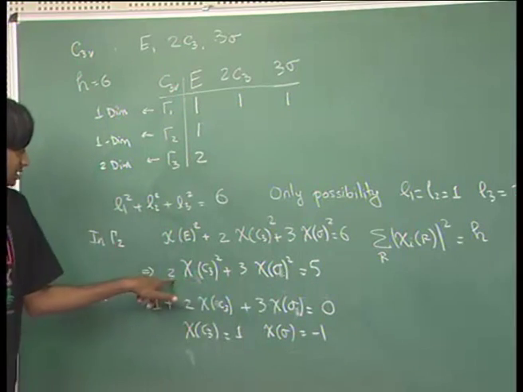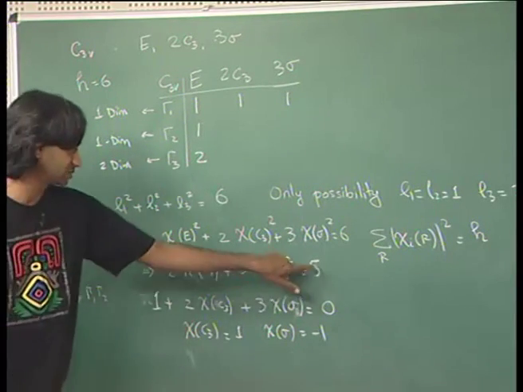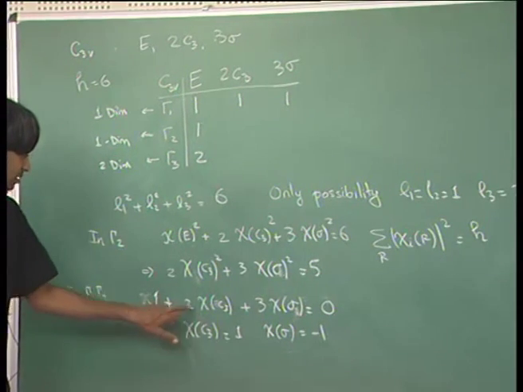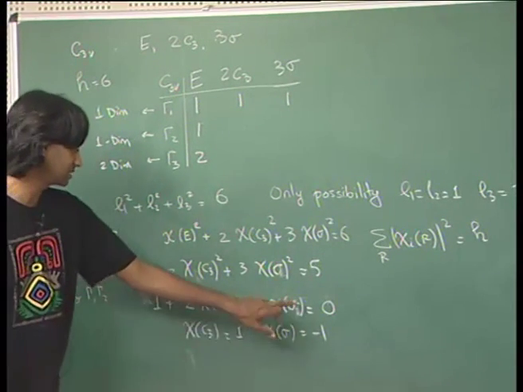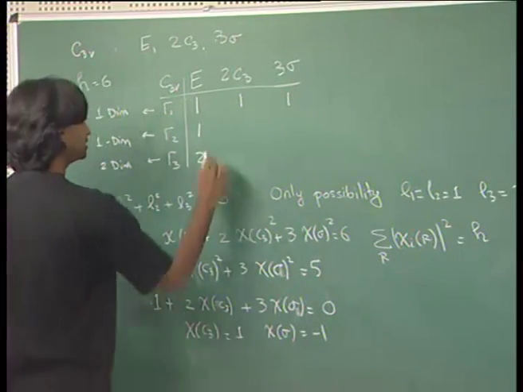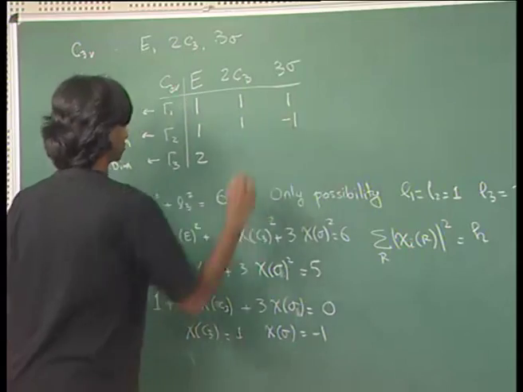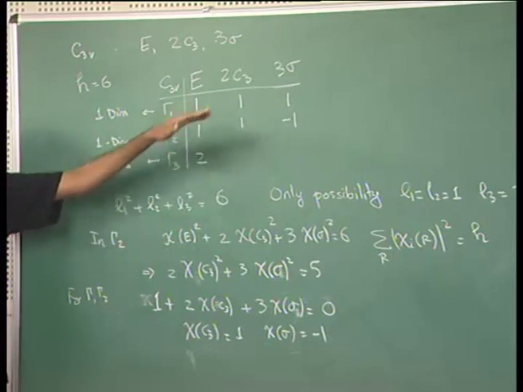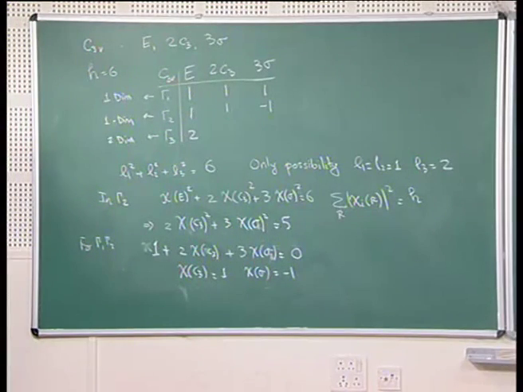So, the sum of 2 times this square plus 3 times this square is 5. Similarly, 1 plus 2 is 3 and this is minus 3, so you get 0. So, this is one method that works. And you can easily show that based on this orthogonality, this is the only thing that can work.